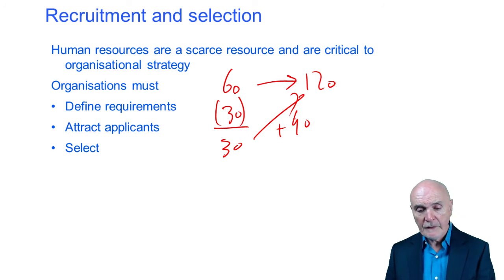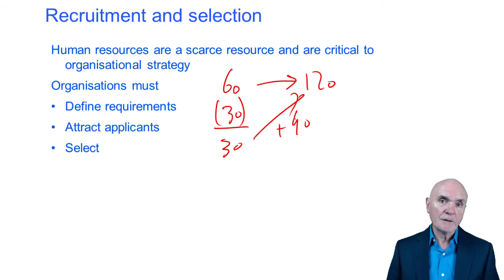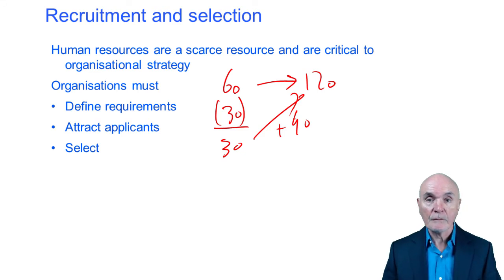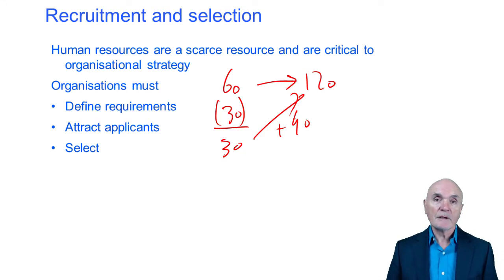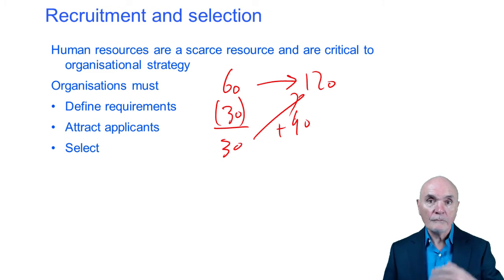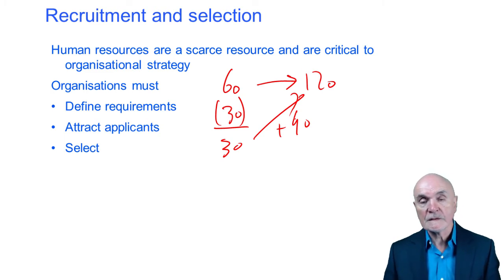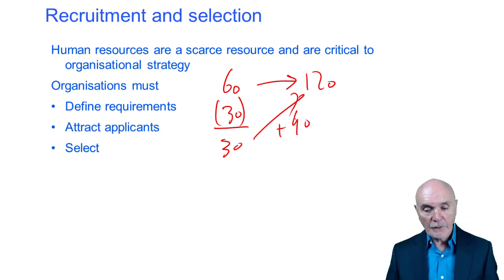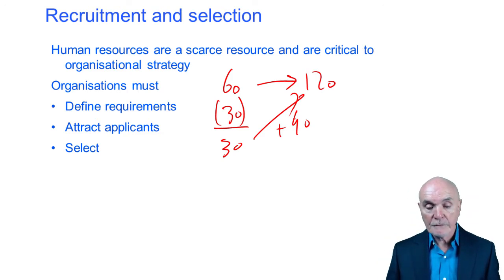But we need to know whether over 3 years we need to recruit 10 people, 100 people, 1,000 people. And we need to have an idea whether we're going to do that smoothly over the 3 years, or maybe it's all more towards the final of the 3 years. So you need a kind of recruitment budget to really estimate the size of the task that's in front of you.